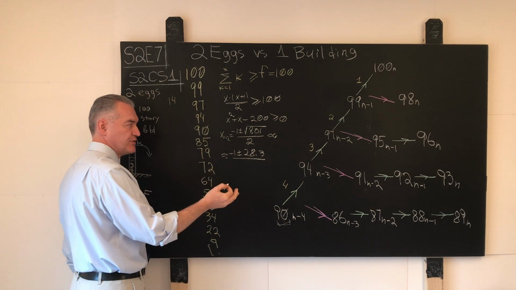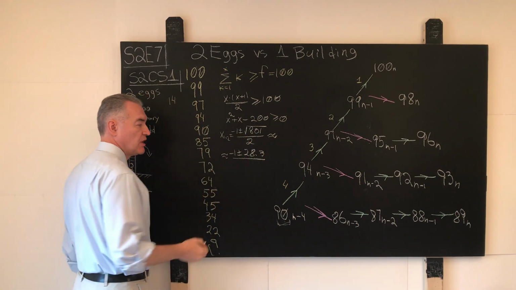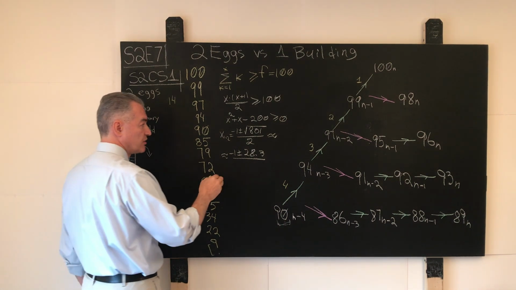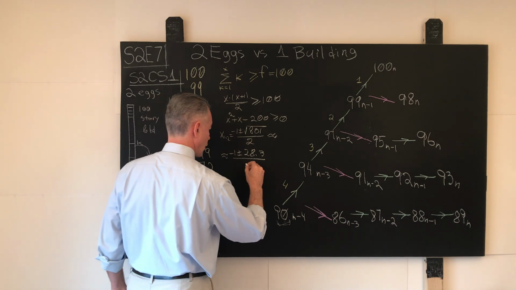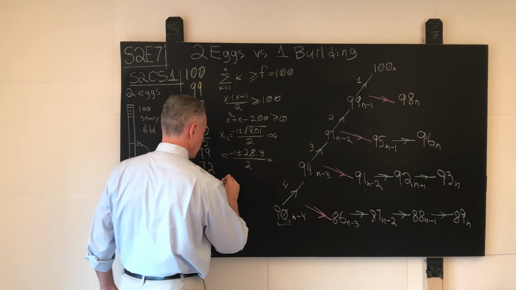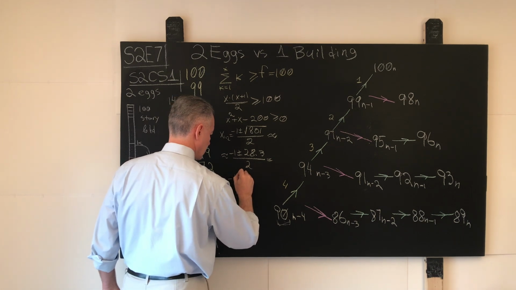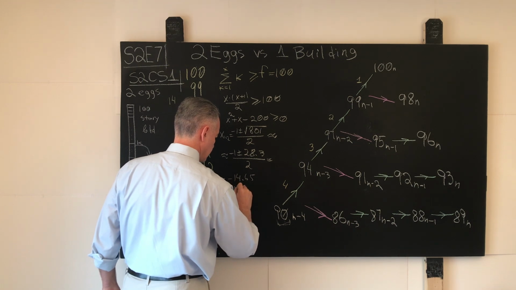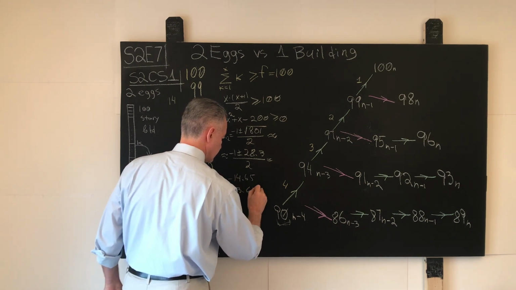For example, 30 squared is 900, so that's more. 25 squared is 625, that's less. So little by little we arrive at this number, and these roots come out to minus 14.65 and plus 13.65.